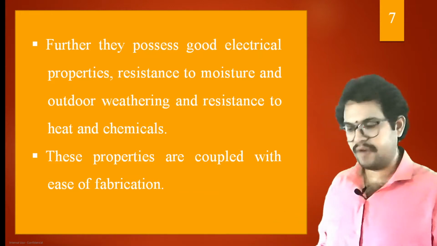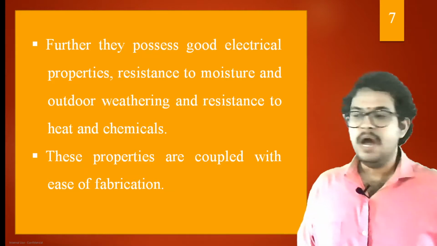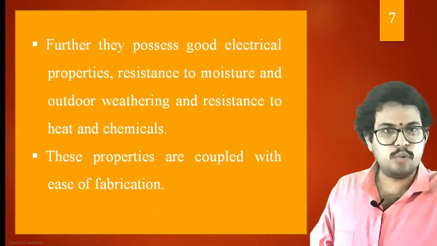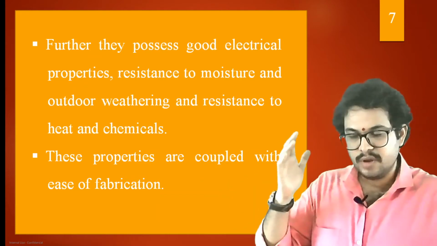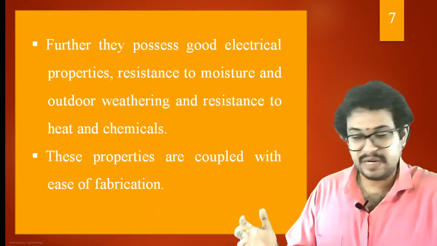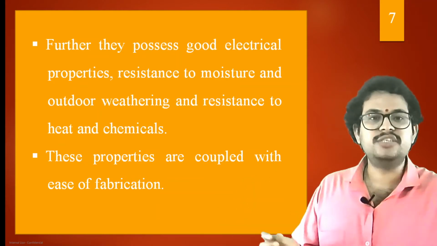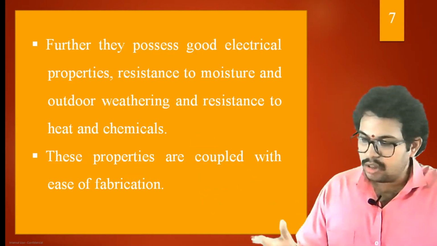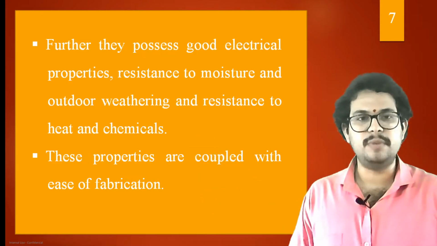What is this ease of fabrication? Very easily we can fabricate whatever machining component or product you want to produce or manufacture. By using this S-glass, these high strength glass fibers, we can easily fabricate it. Though you maintain all the properties, the ease of fabrication is maintained.